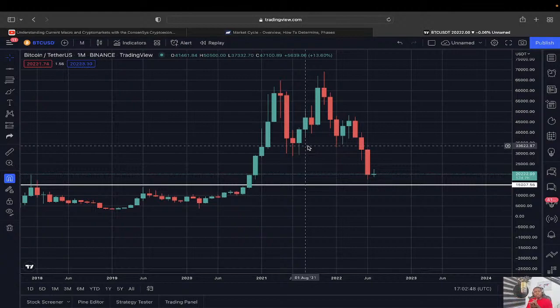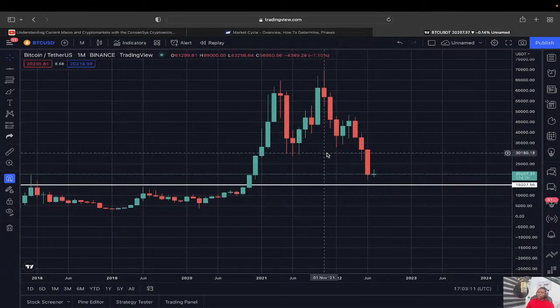What we are looking at today is, aside from the regular currencies, we want to analyze Bitcoin. So today we'll start our analysis with Bitcoin.